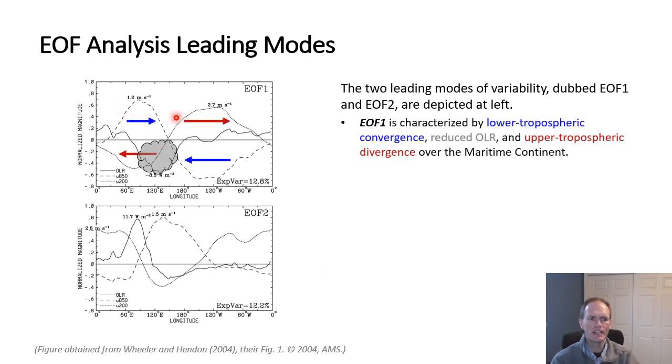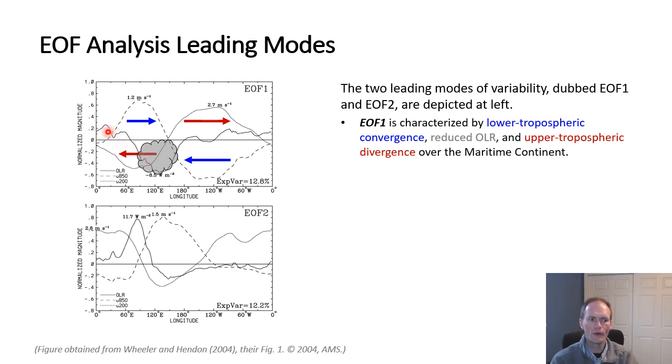So if we focus on EOF1 here, this solid line is outgoing long-wave radiation anomalies. This long dashed line is 850 hectopascal zonal wind anomalies, and the short dashed line is 200 hectopascal zonal wind anomalies. And so this depiction here identifies the positive EOF1 structure.